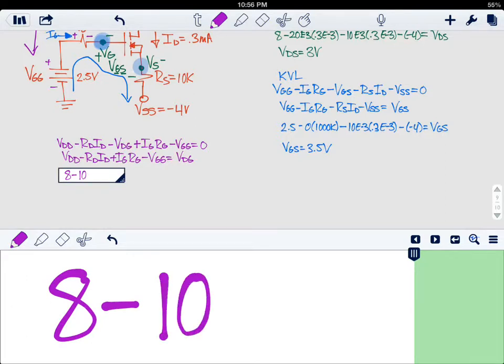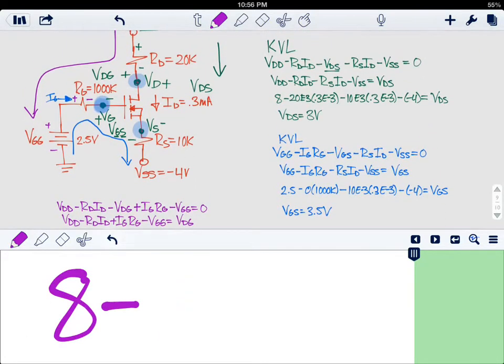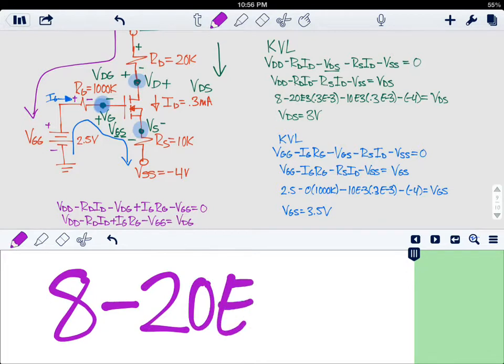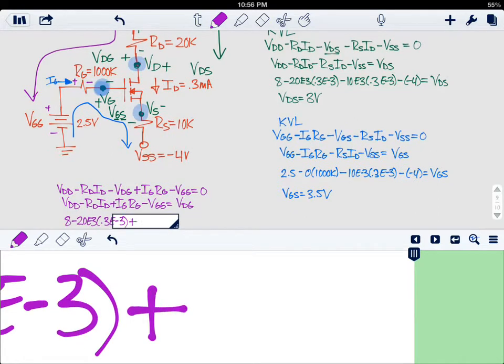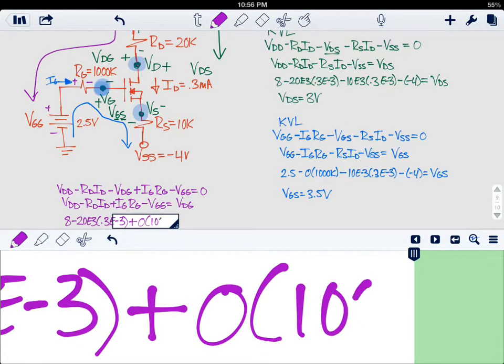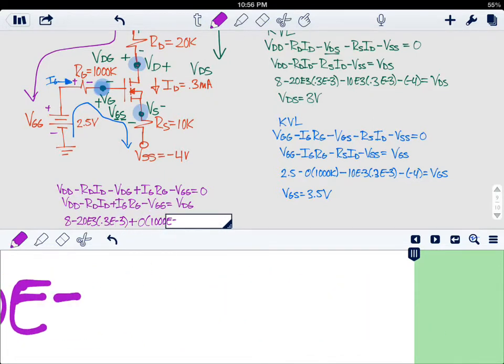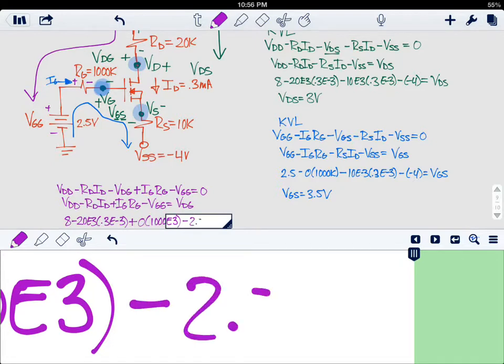RD, 20 times 0.3 plus 0 times 1,000 minus 2.5.